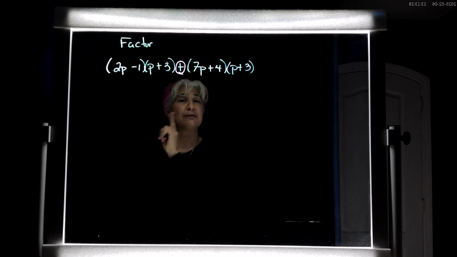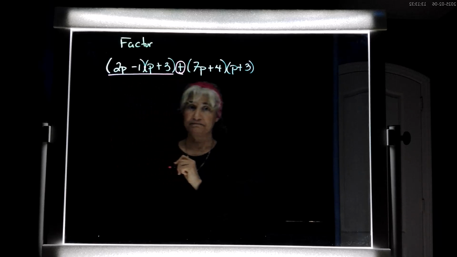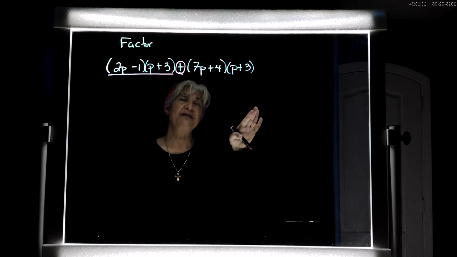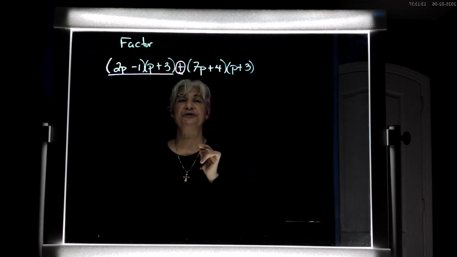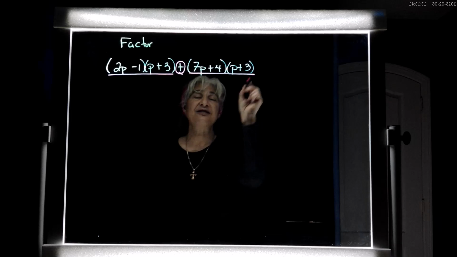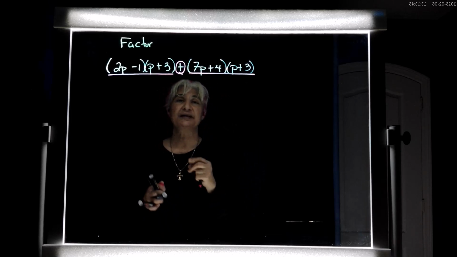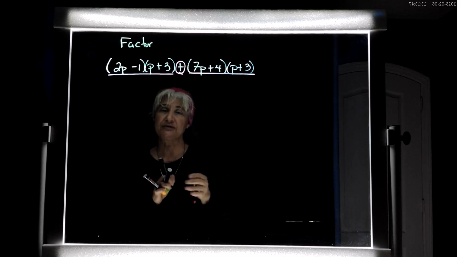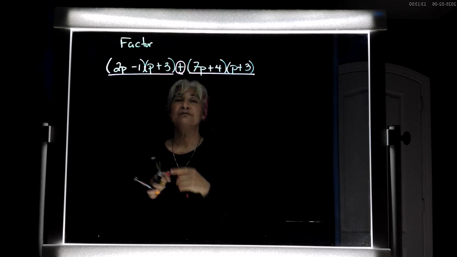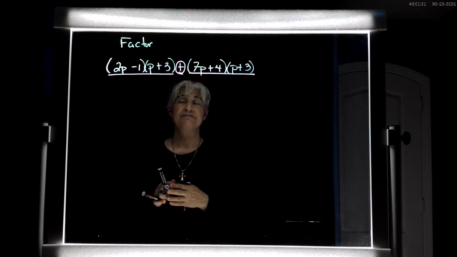Because that technically is a multiplication, that's one term. And then to the right of the plus sign, I'm noticing two more parentheses, and they are multiplied together, which means that's one term. So I have two terms in this algebraic expression, and factor means divide out what they have in common. So let's take a look.